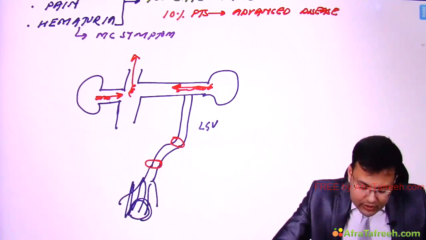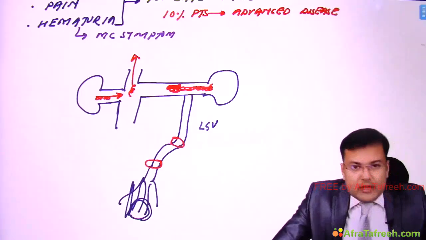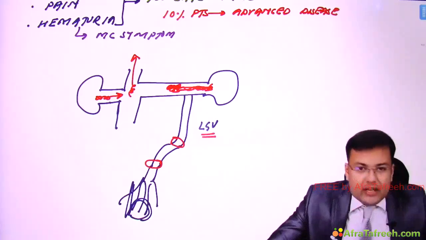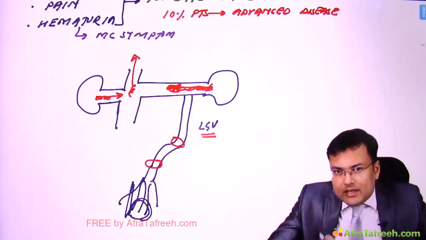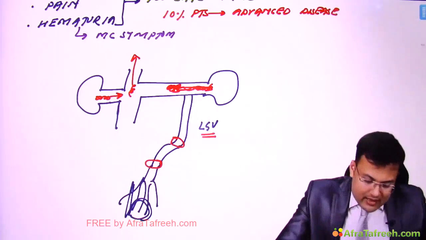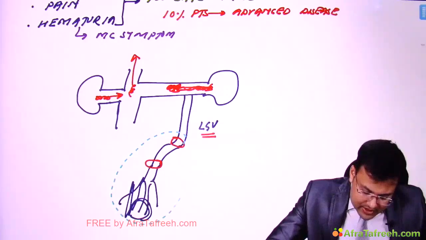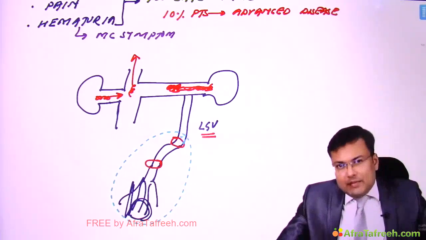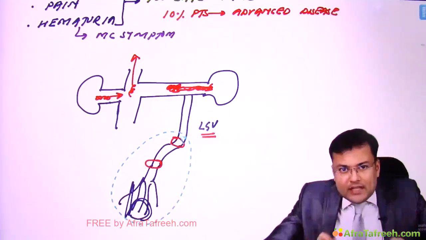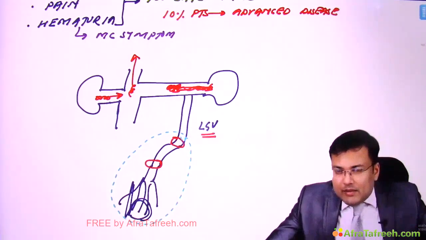Whenever this tumor thrombus goes into the left renal vein, what? It can compromise the venous drainage via the left gonadal vein, and when the venous drainage is compromised, there is increased pressure in the left gonadal vein, and if there is increased pressure in this left gonadal vein, what will happen? There is dilated and tortuous pampiniform plexus of veins around the testes, and what's the name of this condition?